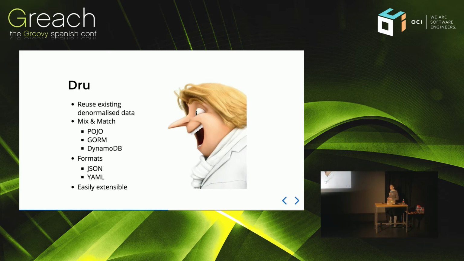You have support for the DynamoDB mapper, so you can have a DynamoDB mapper from Drew, which will do most of the basic queries for you. And as I said, it's easily extensible. Maybe in the future, if someone is interested, you can, I don't know, write a client for Hibernate, for JPA. Everything is possible. This is not limited to Grails.